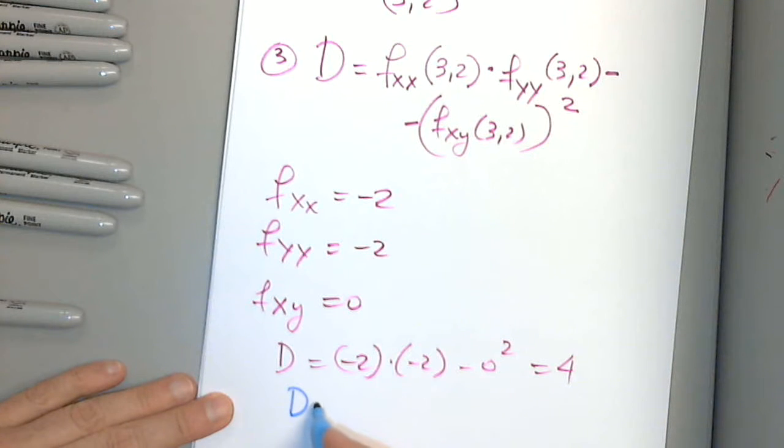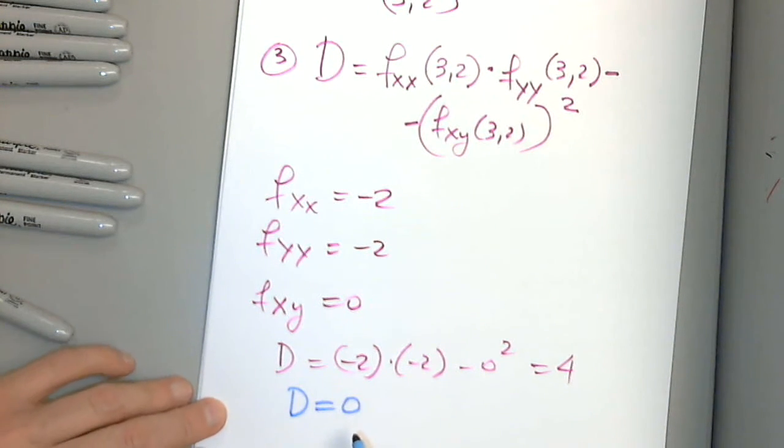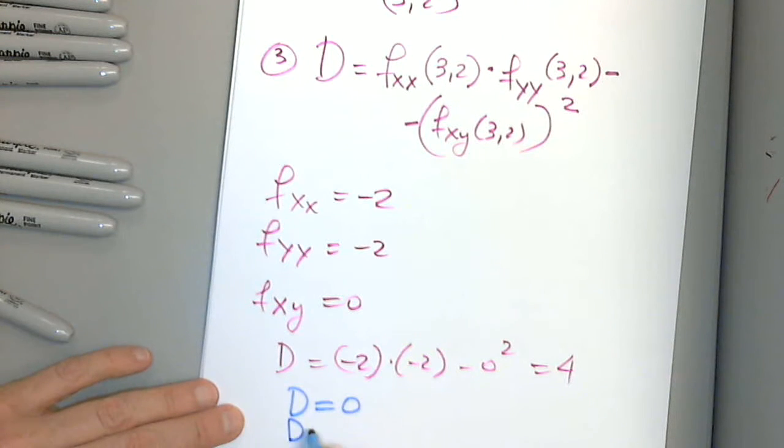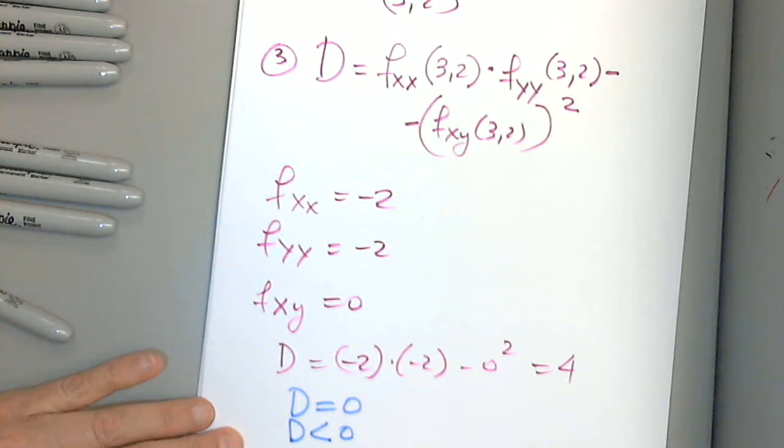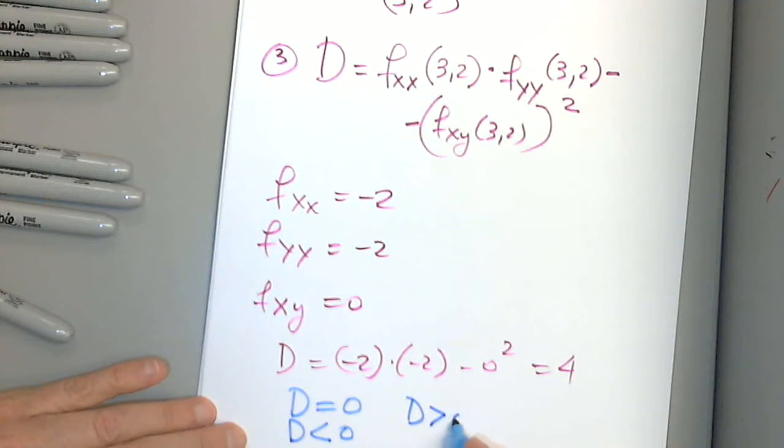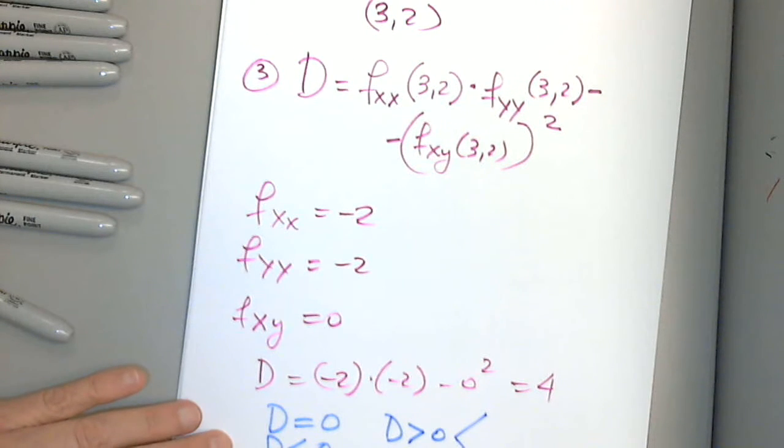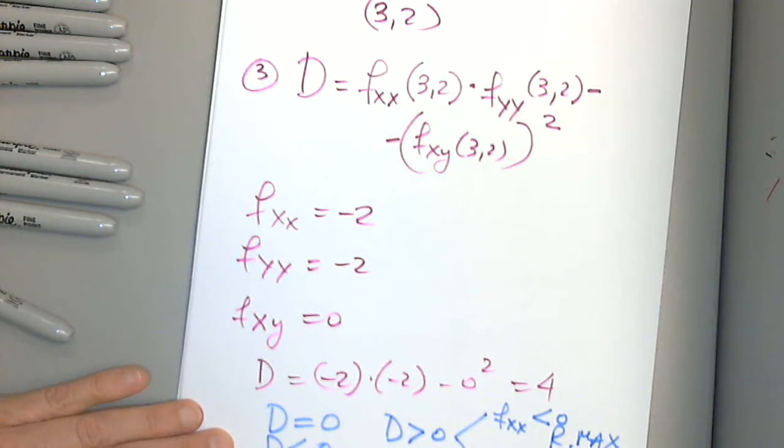If D is 0, saddle point. If D is less than 0, inconclusive. If D is greater than 0, there are two options. fxx to be less than 0 for a relative max, and fxx to be greater than 0 for a relative min.